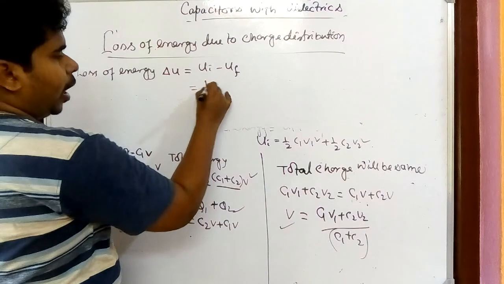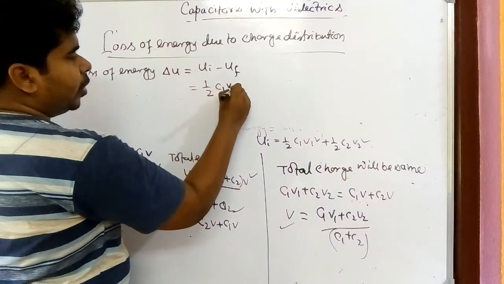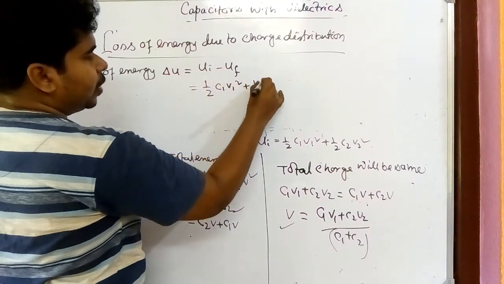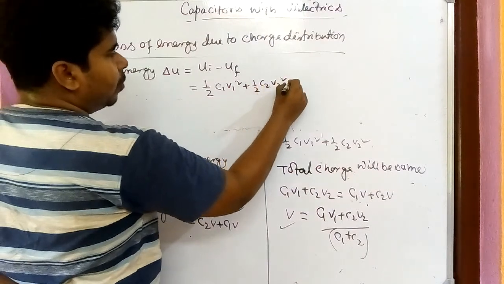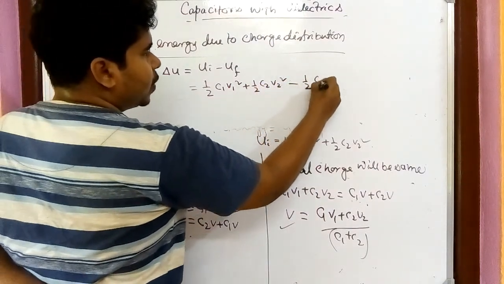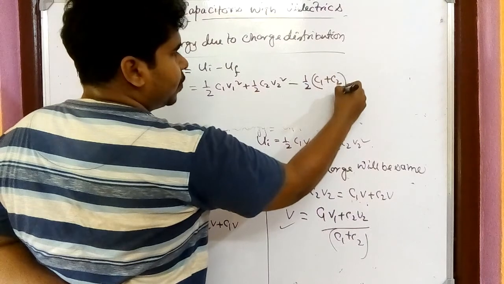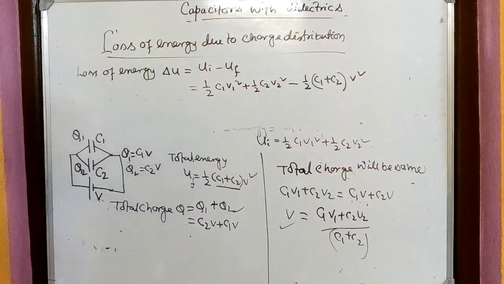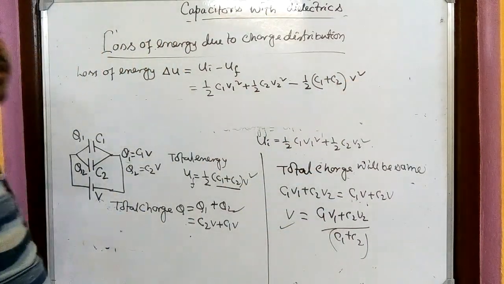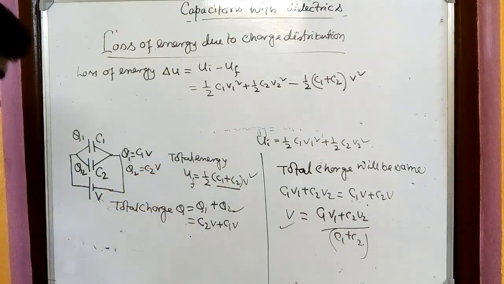So if you do it, half C1 V1 square plus half C2 V2 square minus half of C1 plus C2 into V square. Now you see we have found the value of V. Put the value here.